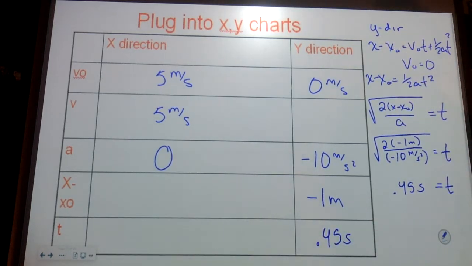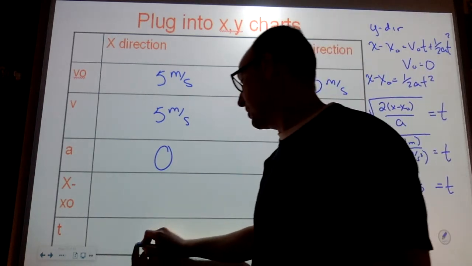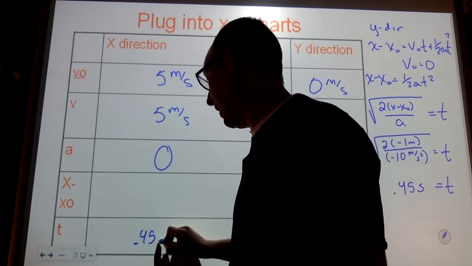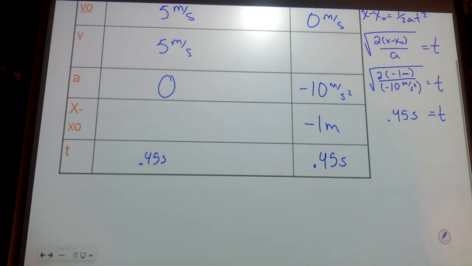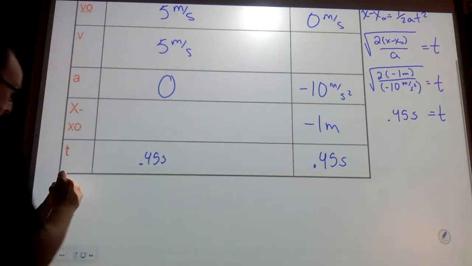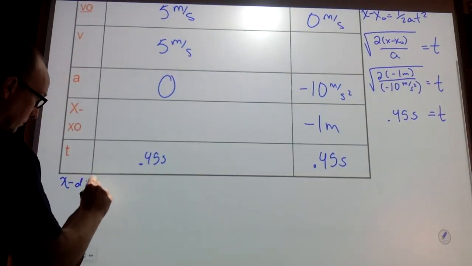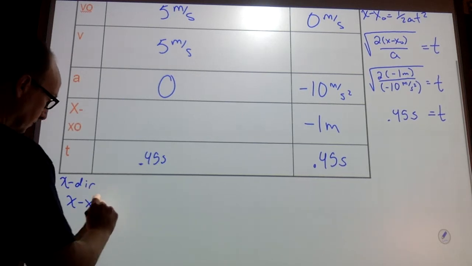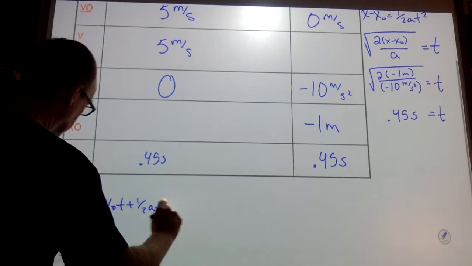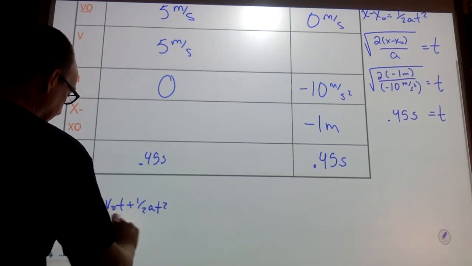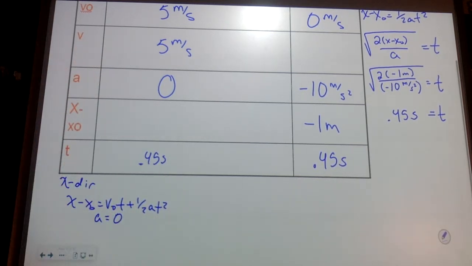Now, these charts share the same time because it's the same cart. So this is going to be 0.45 as well. And now, if I look at the X direction, in the X direction, the acceleration is 0. So that cancels out.